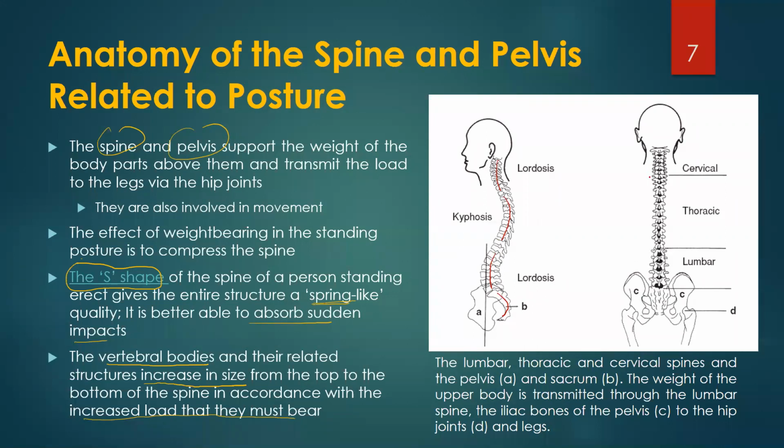So cervical increase in size. You can see that thoracic vertebrae also increase in size, and the same you can observe for the lumbar vertebrae. That is the beauty of the creator, that everything has been created according to its function so that it can perform the function in the best way.